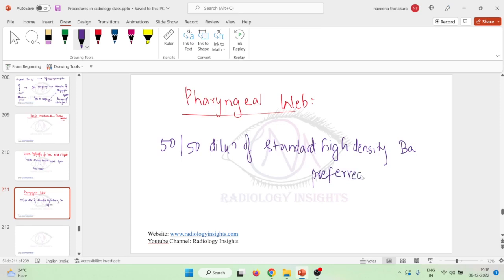Then obviously we will have to take the films in frontal erect and lateral views. Among all the views, frontal and lateral views are best for a pharyngeal web.